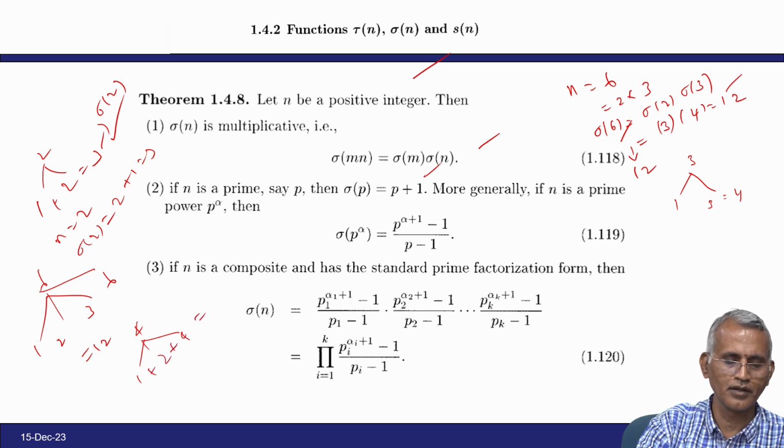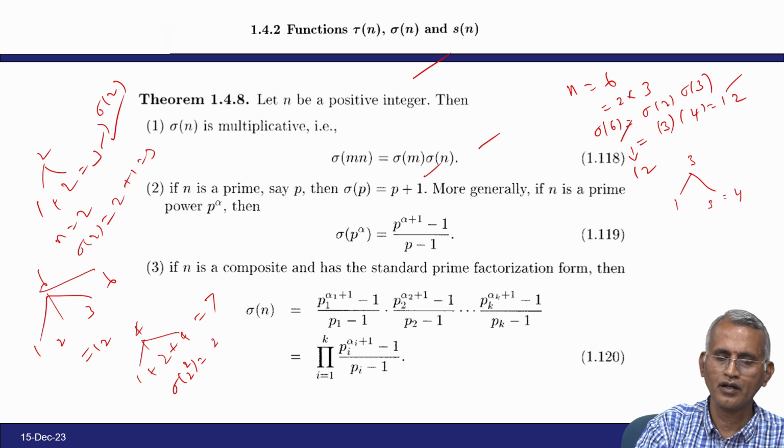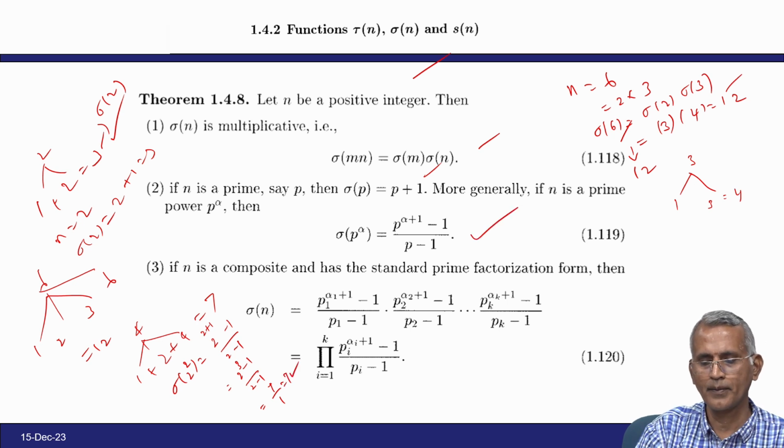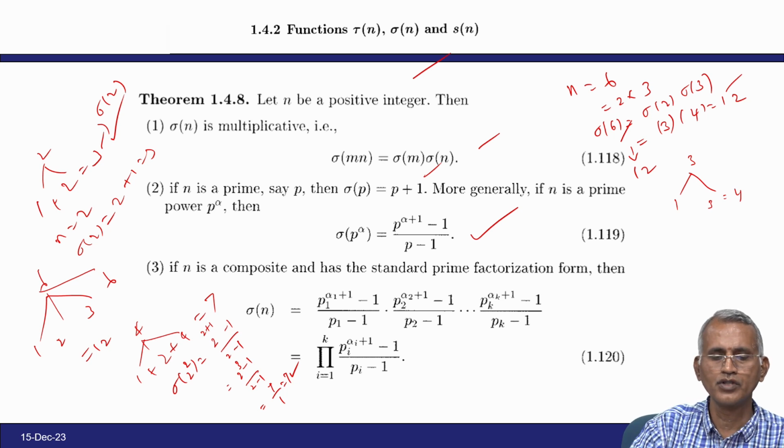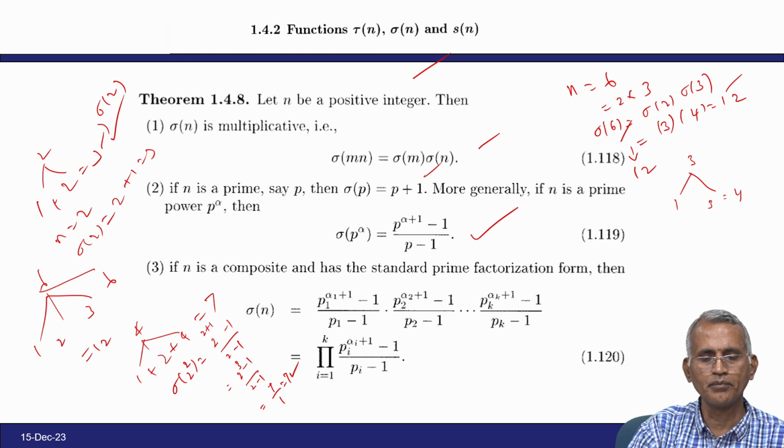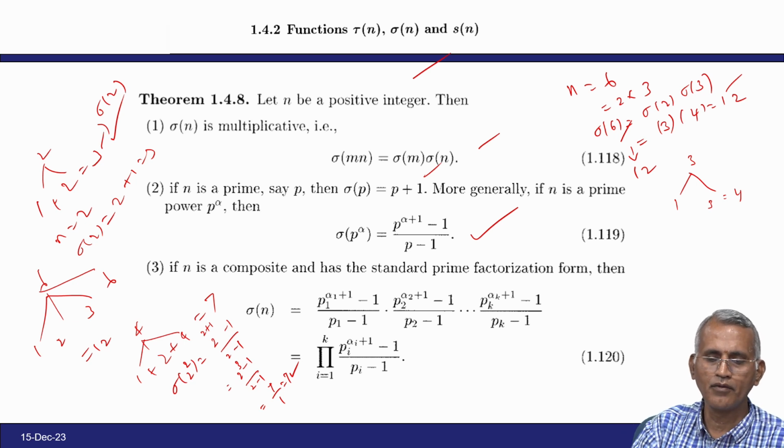So, sum them, it becomes 7. So, sigma of 2 square equal to 2 power 2 plus 1 minus 1 by 2 minus 1, which is equal to 2 cube minus 1 by 2 minus 1, which is equal to 8 minus 1, 7 by 1 equal to 7, and beautifully it works. So, this way we can write the more general form: if n is prime, say p, then sigma of p equal to p plus 1.